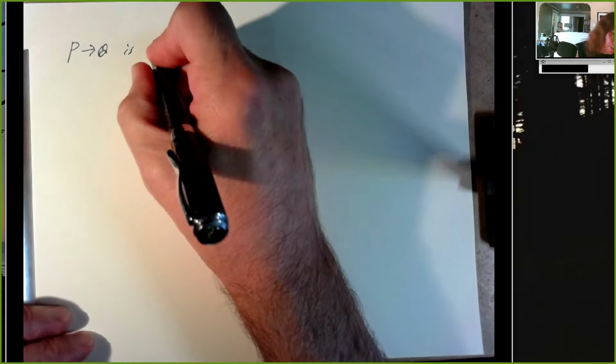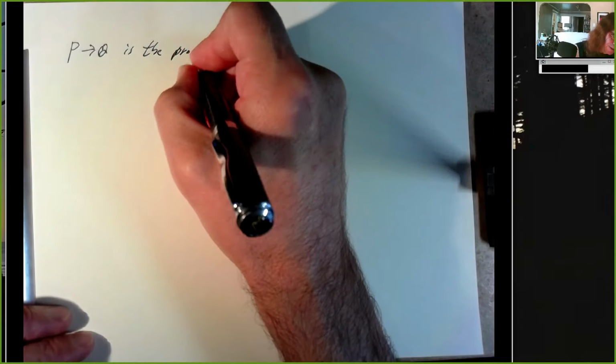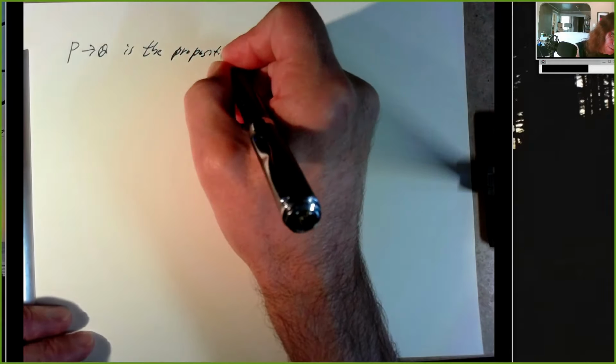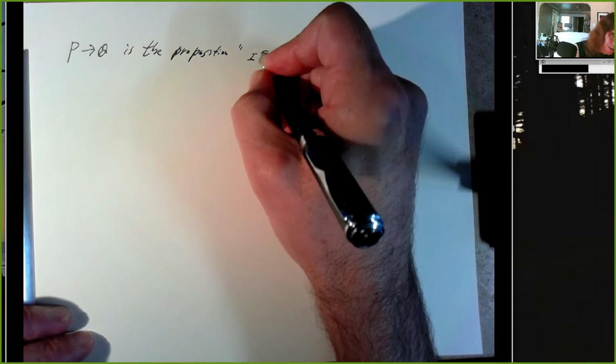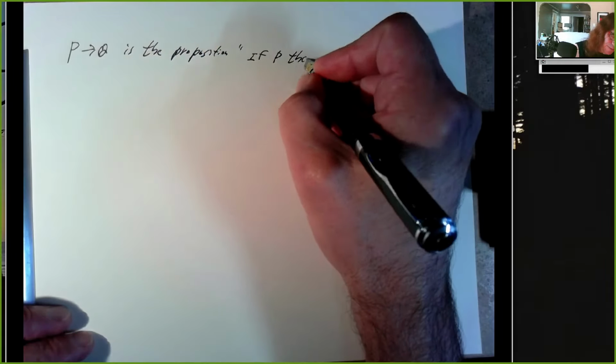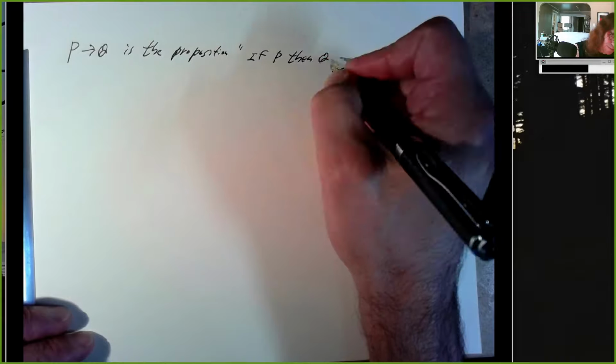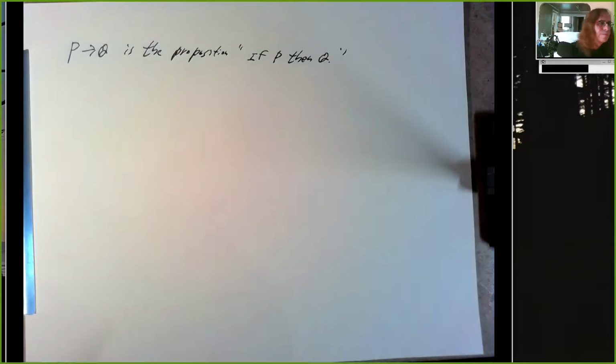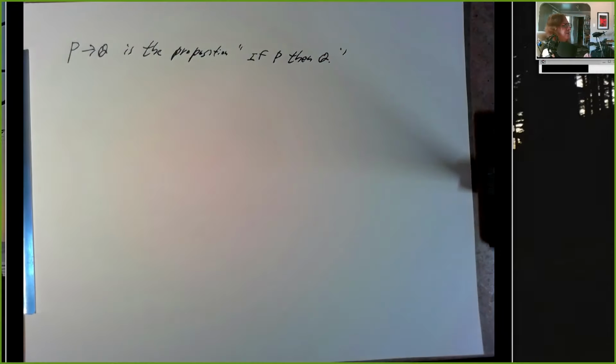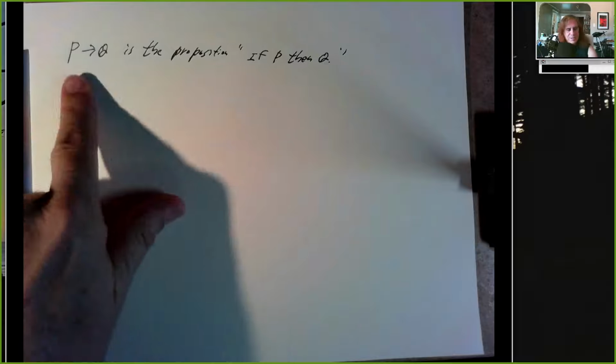P arrow Q is the proposition if P, then Q. So it's a conditional statement. So assuming P and Q are propositions, this is the proposition if P, then Q.